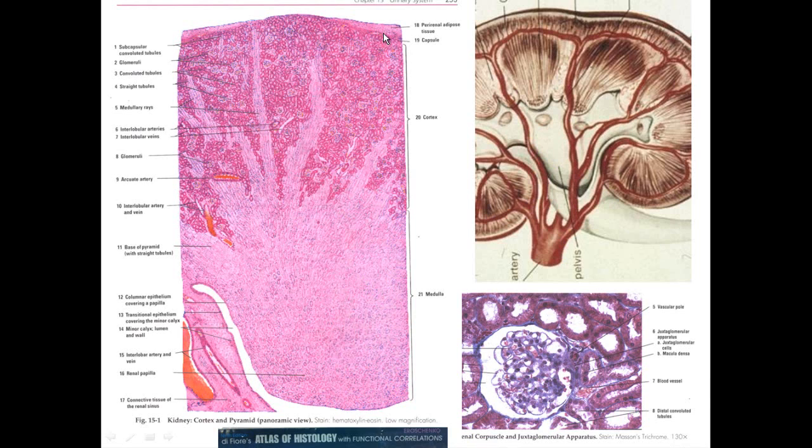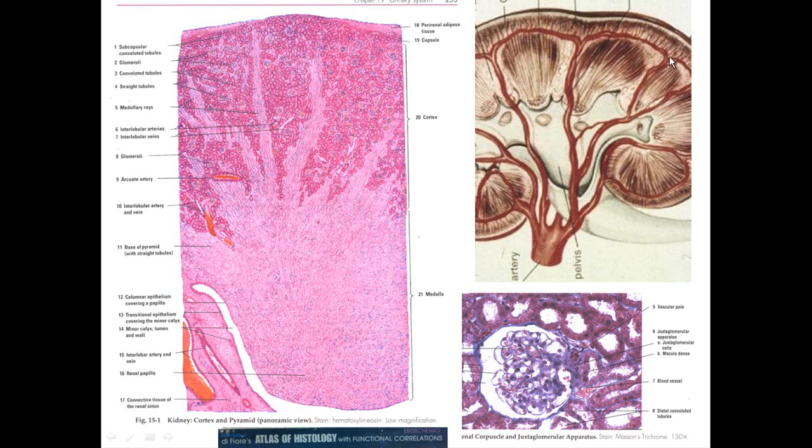So we have the cortex, the capsule that surrounds the kidney. We have the medulla, this portion right in through there, and from there we'll have transitional epithelium that goes off of its surface. Here we see a glomerulus, the parietal epithelium, and the visceral epithelium, which actually surrounds the capillary tuft.